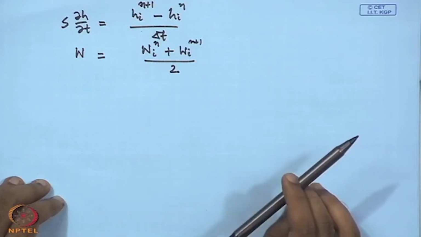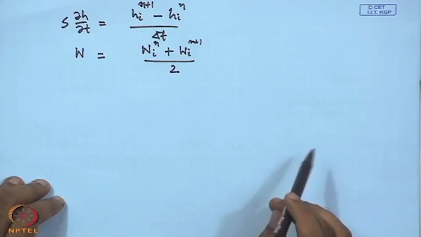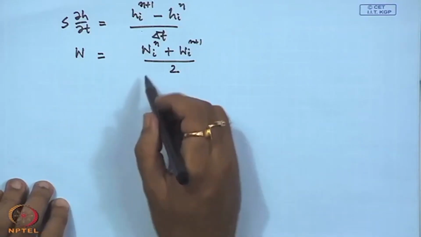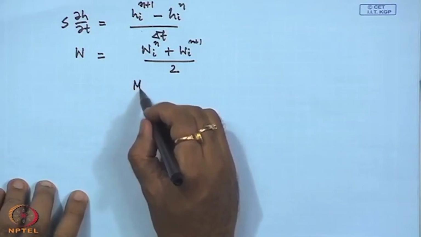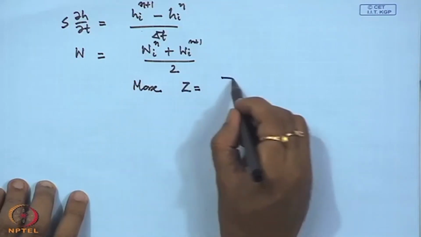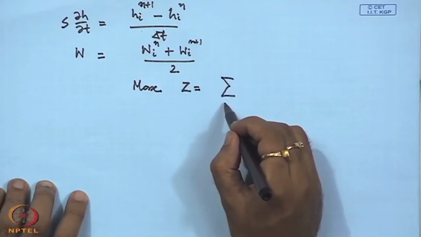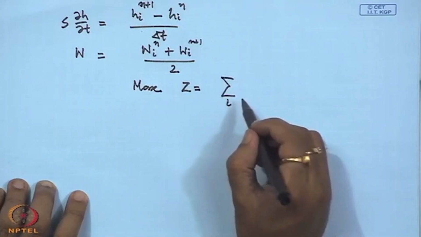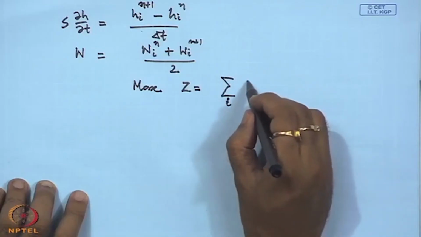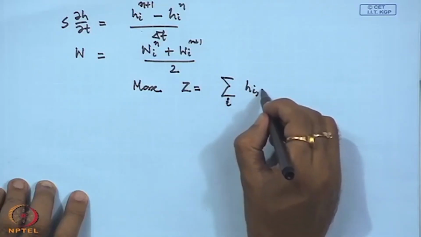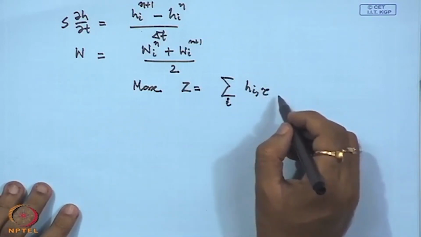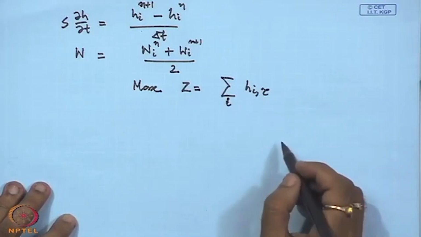So, we can write this as maximization of z, with h i tau for all i. Tau is basically our last time step.